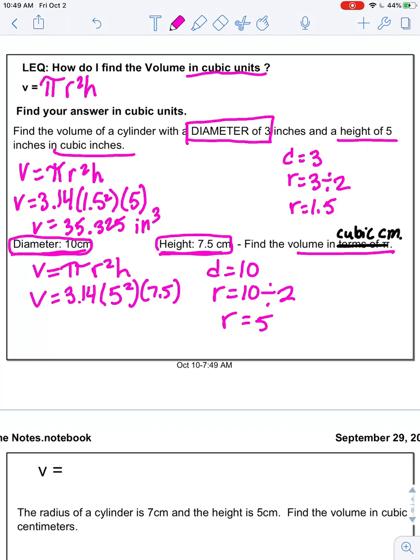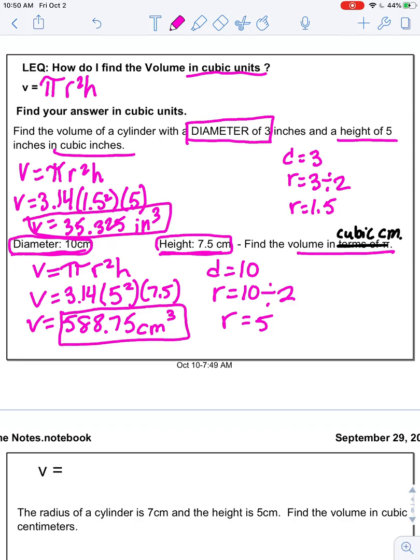So we have 3.14 times 5 squared times 7.5, and we get 588.75 centimeters cubed. If you take a look at the answers that I'm putting in boxes, notice the symbol pi is not there, and we are multiplying in 3.14.